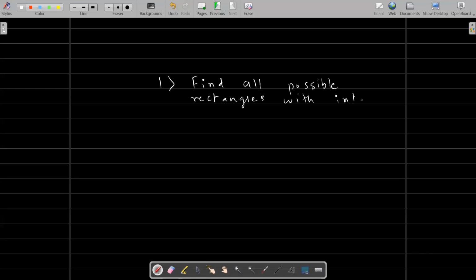So basically, though I am saying integer, they are positive integers, with integer sides whose perimeter equals twice its area.